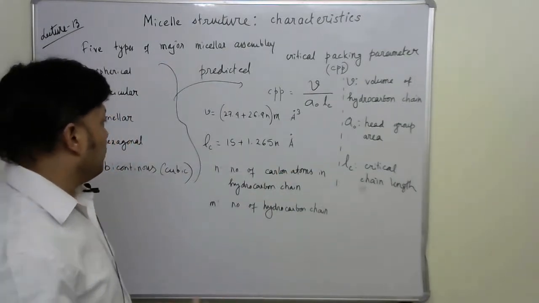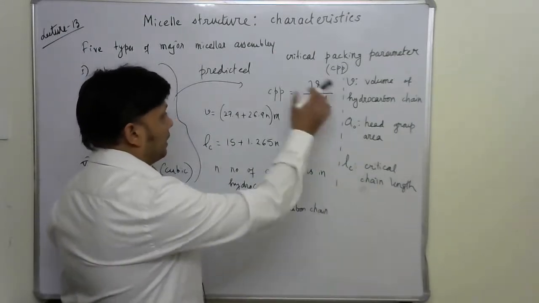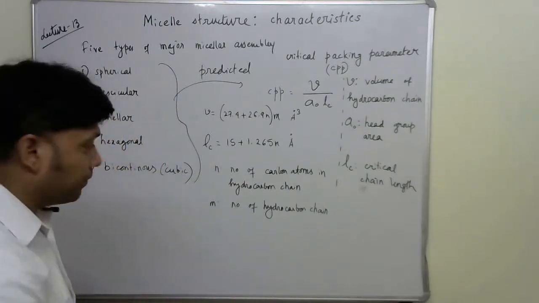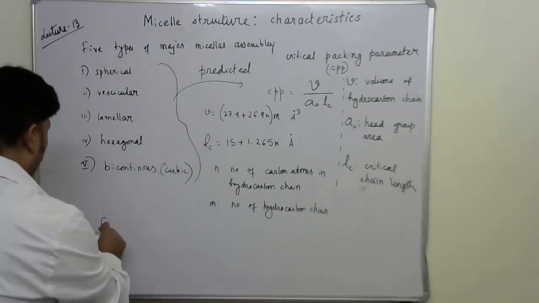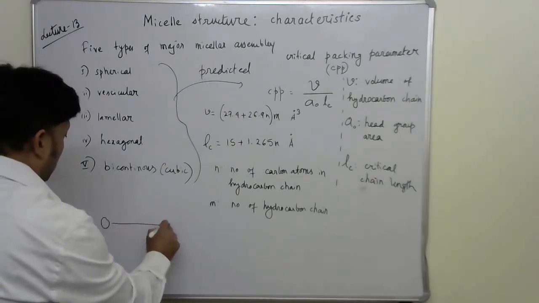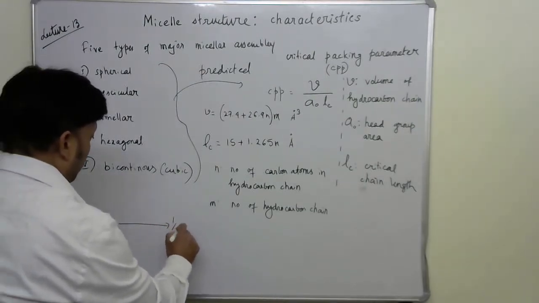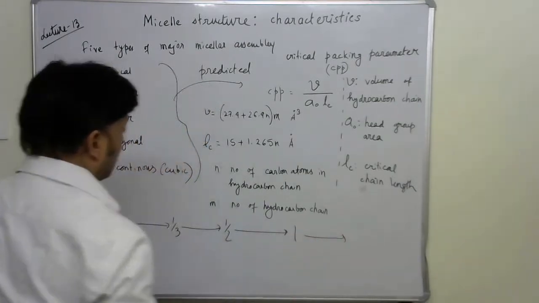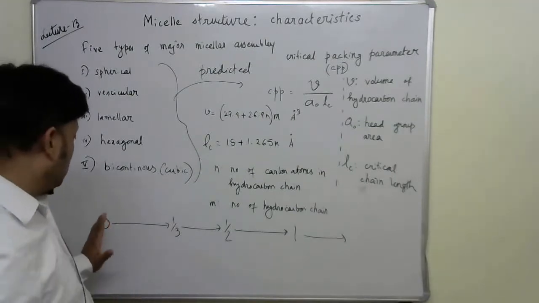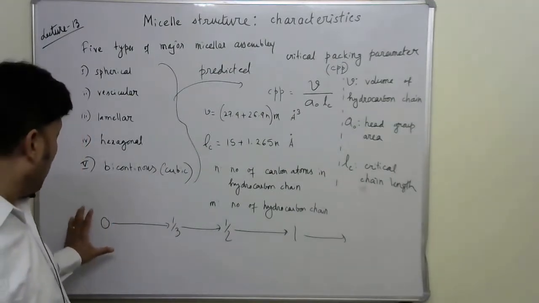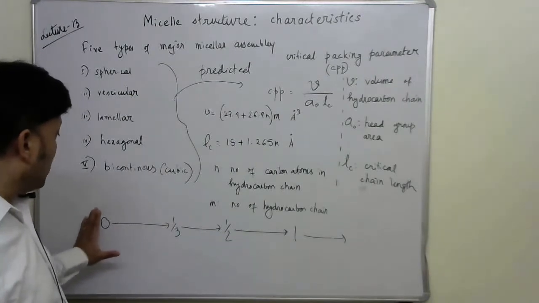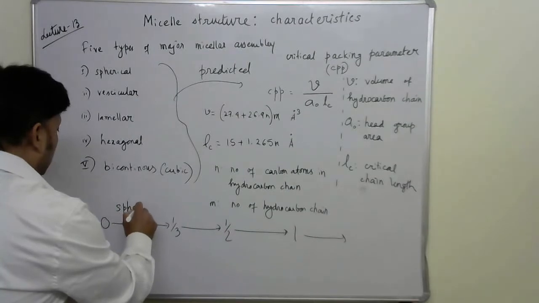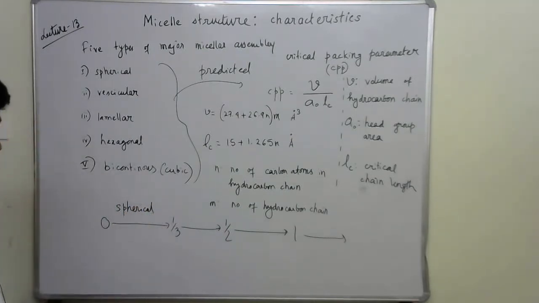Alright, so if we plug in all those values, we get a particular number for CPP, and usually CPP comes as a fraction. The fraction can come anywhere between 0 to 1/3, 1/3 to 1/2, 1/2 to 1, and beyond 1. Whenever the CPP is more than 0 but less than 1/3, mainly spherical micelles are formed.